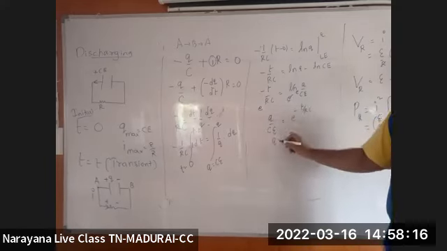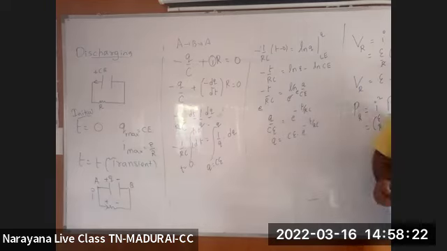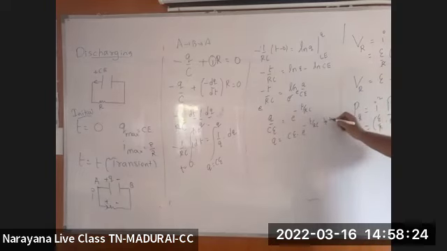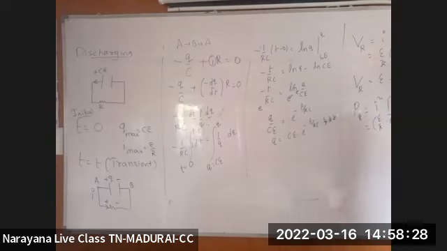What is the charge after t seconds? C into e power minus t by RC. This is the charge on the capacitor after t seconds. Tell me, is it exponential increment or decrement? Whenever e power minus something is coming, it means exponential decrement.